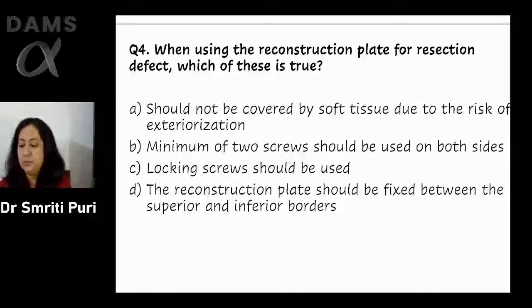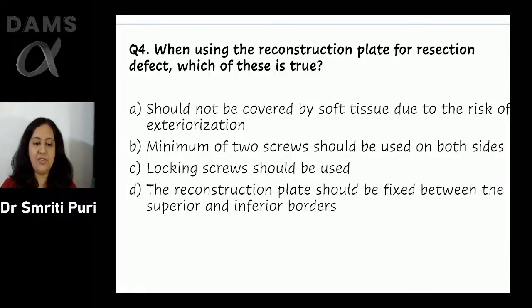Now, coming to question number 4. When using a reconstruction plate for resection defect, which of these is true? Coming to your options. A, should not be covered by soft tissue due to risk of exteriorization.